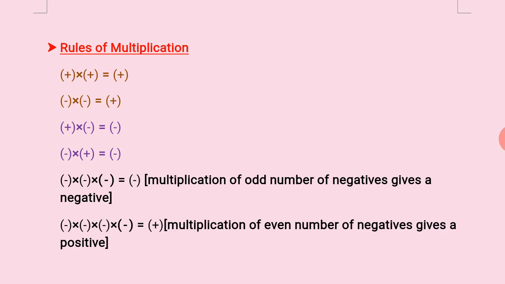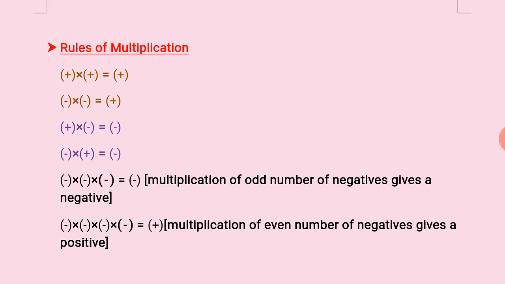Next, rules of multiplication. When you have two numbers which have the same sign, either both plus or both minus, such numbers when multiplied give you a positive answer.